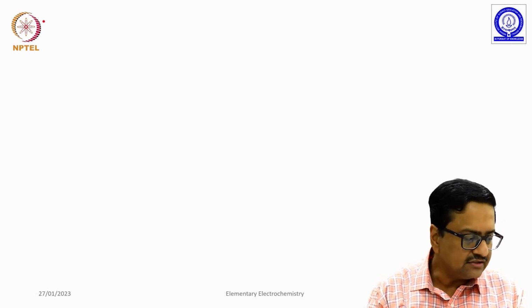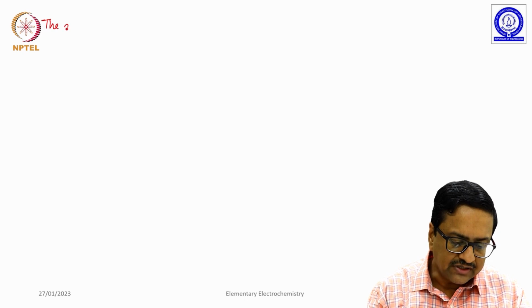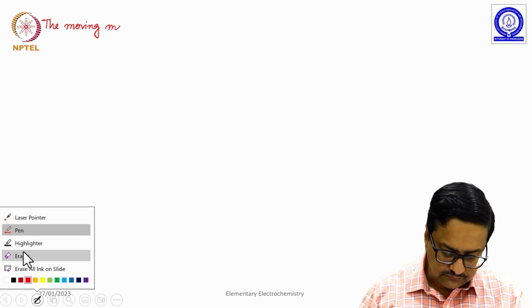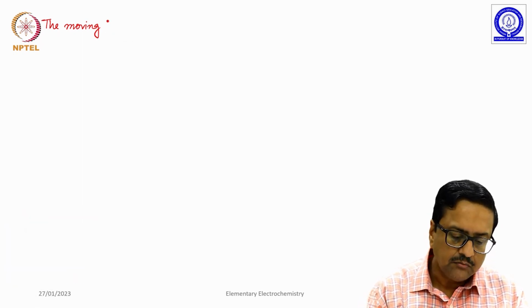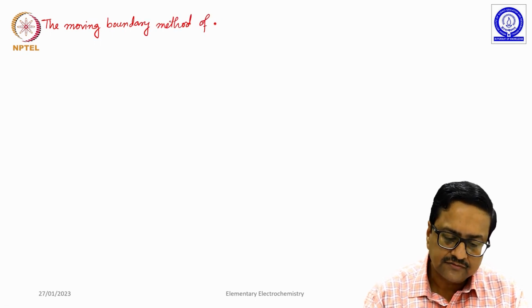This is called the moving boundary method of determination of transport number.